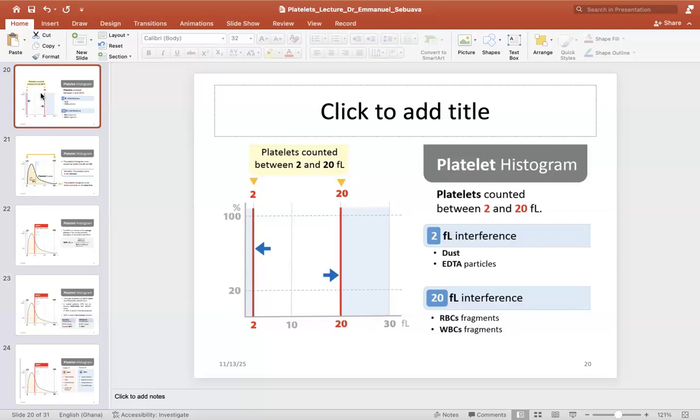Some of these interferences may come from the dust, like I mentioned earlier, or contaminated reagents. There are times EDTA particles are even counted as platelets.